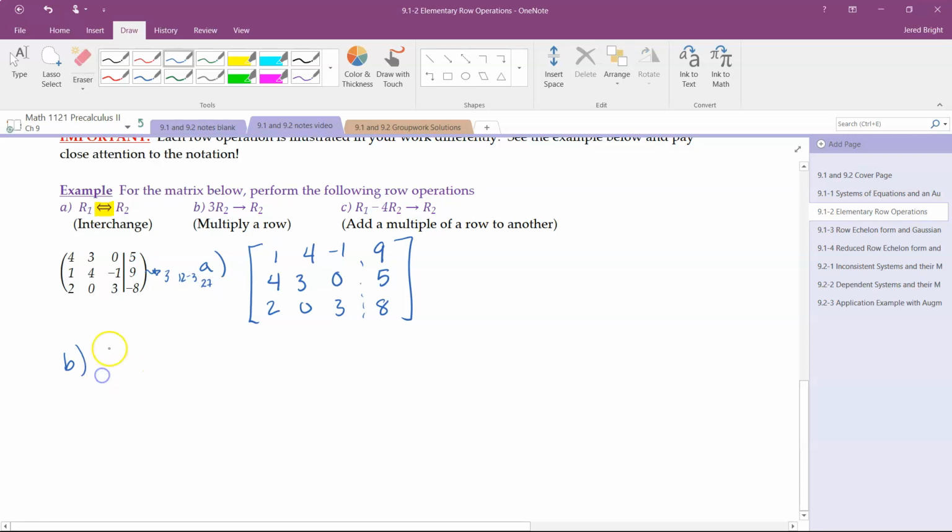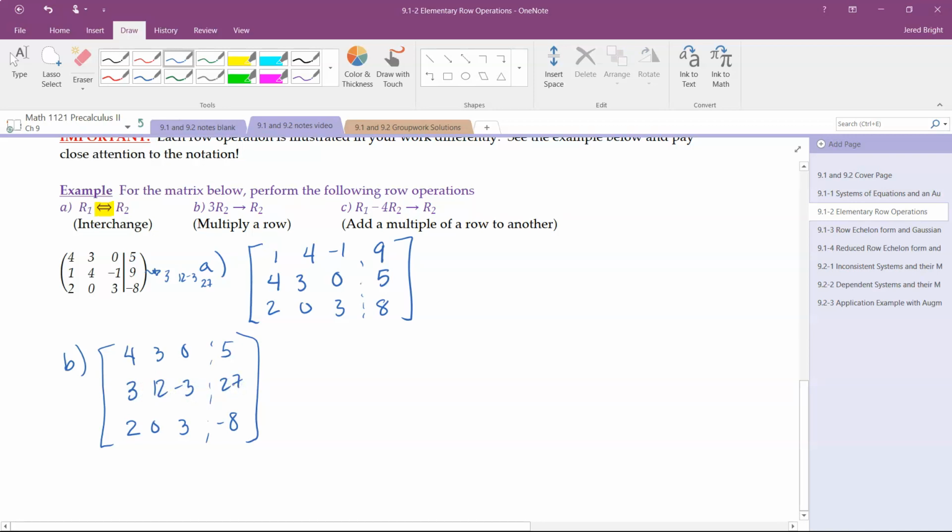In your new matrix, you're going to leave rows 1 and 3 alone, and instead just write this new row in that is 3 times the original one. So 3, 12, minus 3, and 27.